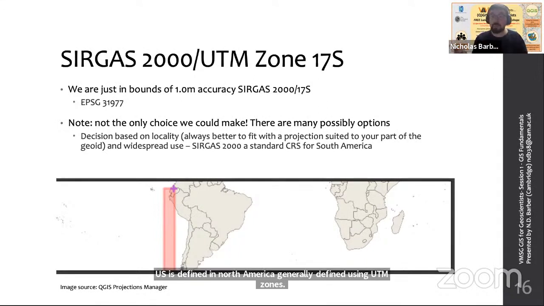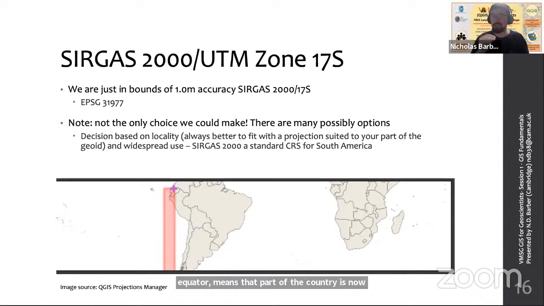In this case, we happen to be in 17S, the S for the Southern Hemisphere, and Ecuador being right on the equator means that part of the country is not covered by the southern bit, and you might need to go to the Northern Hemisphere bit.